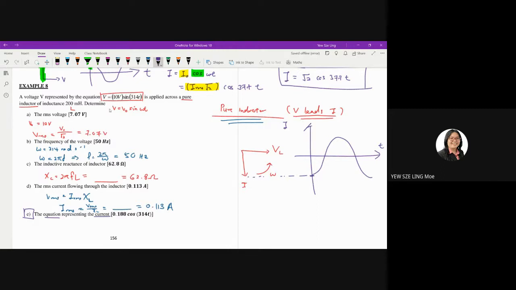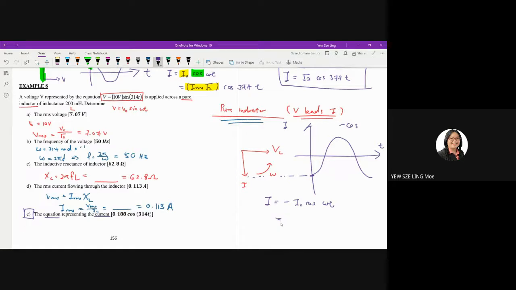According to this shape, I have an inverted cos function. So now my I equals negative I naught cos omega t. Because it is inverted, negative cos.